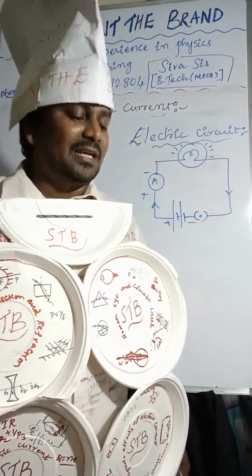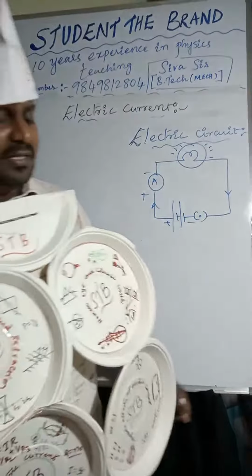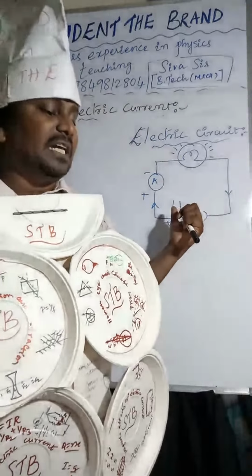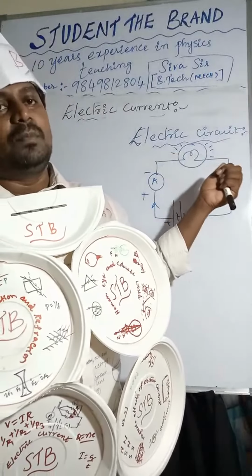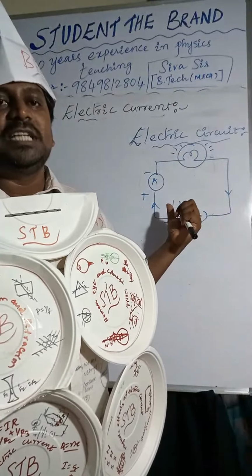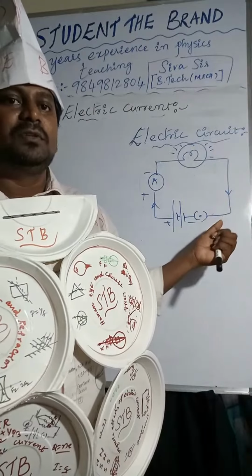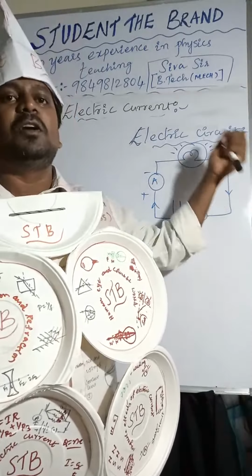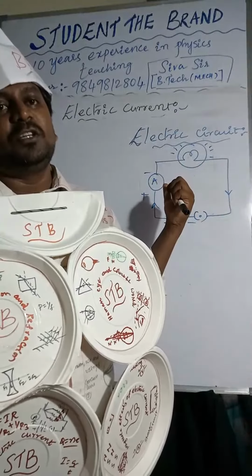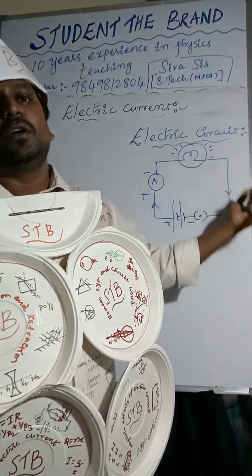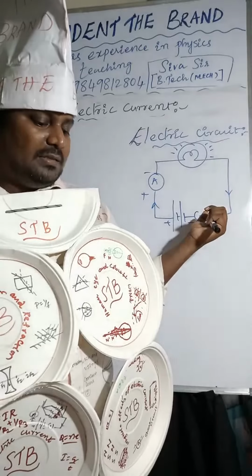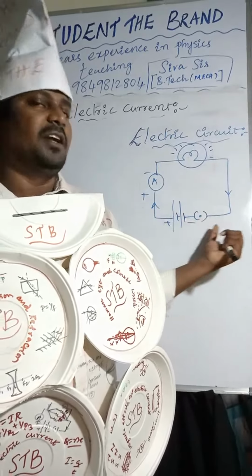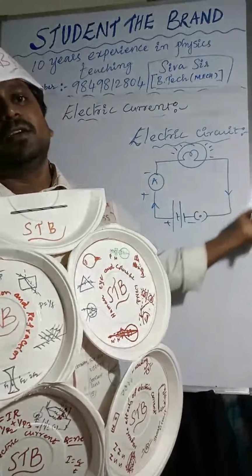Here you have to understand one thing: positive charges will move from the positive terminal to the negative terminal, whereas electrons, the negative charges, will move from the negative terminal to the positive terminal.